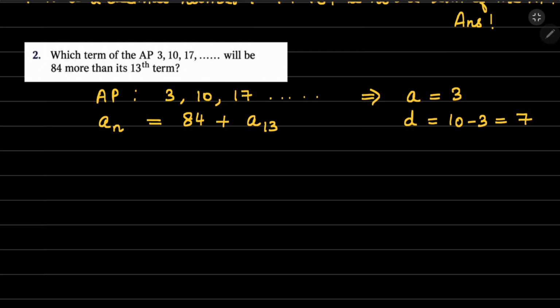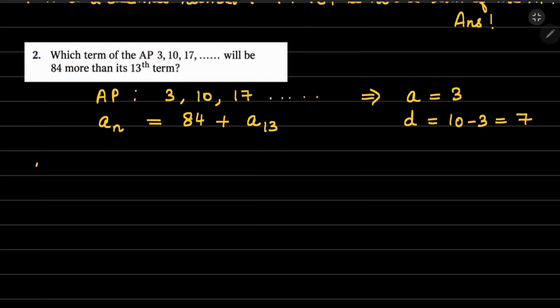So now let us expand it. Whatever the given question was, which term of the AP, let the term be the nth term. We don't know which term of the AP will be 84 more. So let the nth term be 84 more than its 13th term. Let's apply the formula.